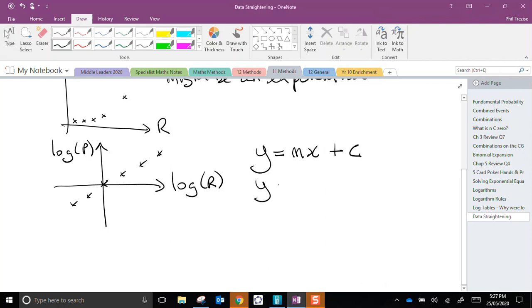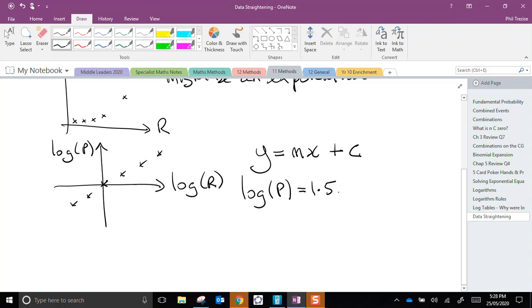So according to the calculator, the y variable is the log of P. So I'll write log P. The gradient from my calculator was 1.5. Well, very close, 1.4999.